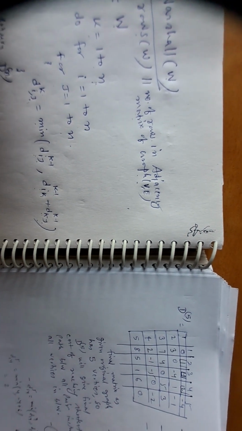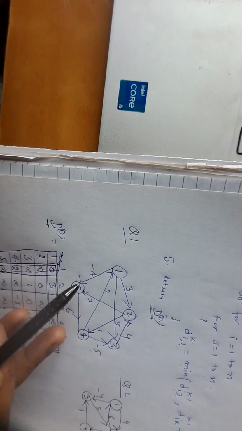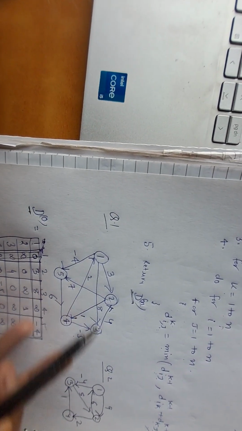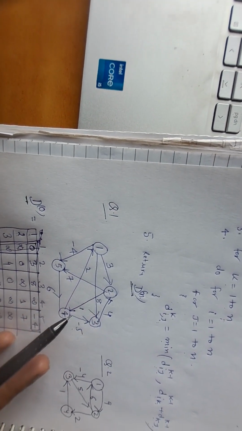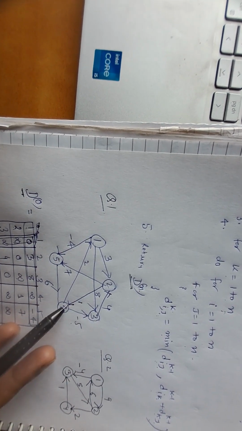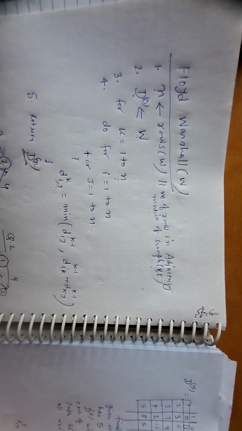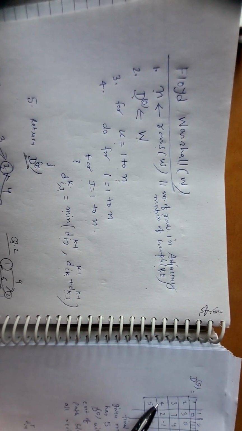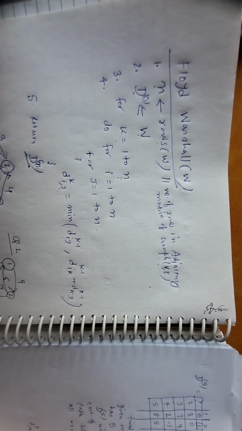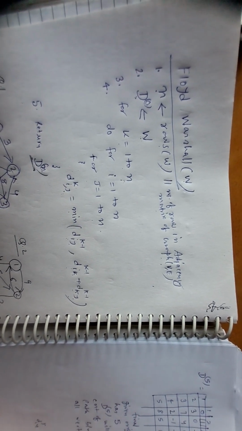So that you can check from here. 4 plus 3 is 7. 7 minus 4 plus this is 4 and this is 1, because of this path and then this path. So 4 plus 1 is 5. 5 minus 3, that is not a path. So this way you can understand how much cost a particular vertex takes to reach another vertex through the mid vertex. So that is the meaning of all pair shortest path, and this is our final answer.